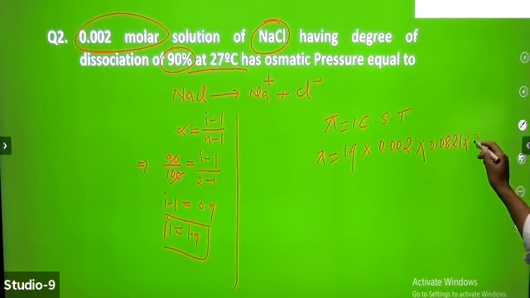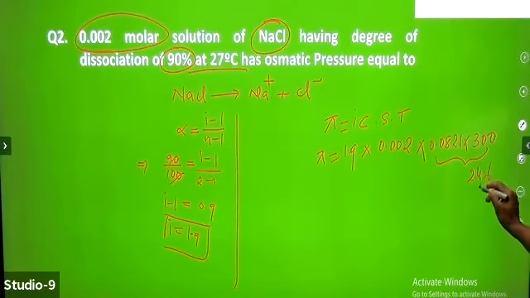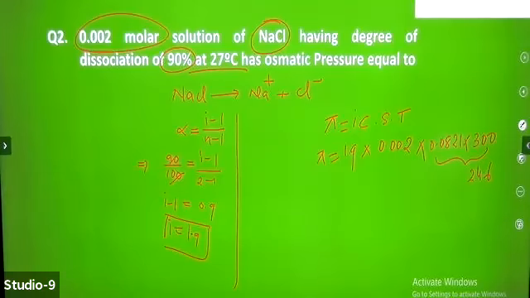So this total value is 24.6. From there calculate the answer. 0.09, sir. Yes, what do you get here?